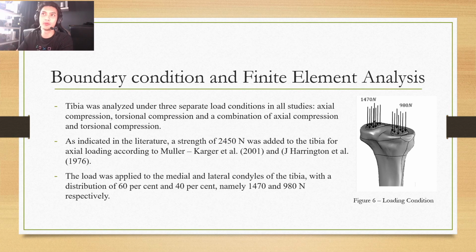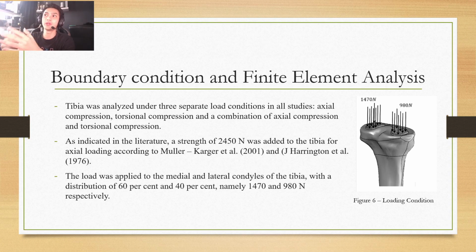The third one is boundary condition and finite element analysis. As we can see, the tibia was analyzed under separate load conditions in all studies: axial compression, torsional compression, and a combination of axial compression and torsional compression. As indicated in Muller, Kager 2001 and J. Harrington 1976, 2450 N was added to the tibia for axial loading according to the articles.